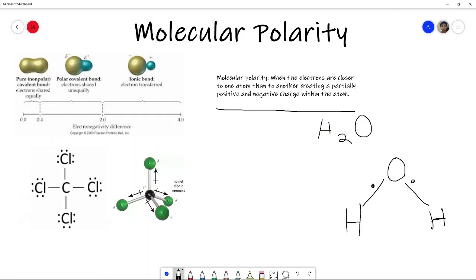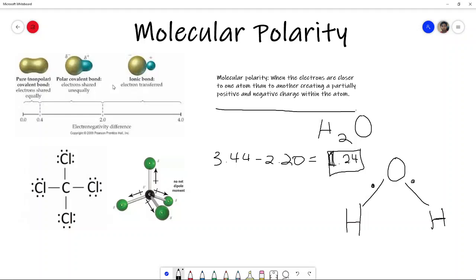So now we have 3.44 minus 2.20. This is the difference of electronegativities, and we get 1.24. So this 1.24 represents the difference of the electronegativities between oxygen and hydrogen.